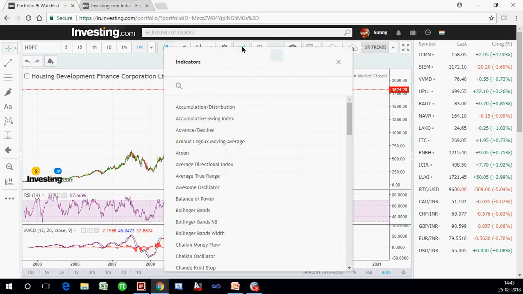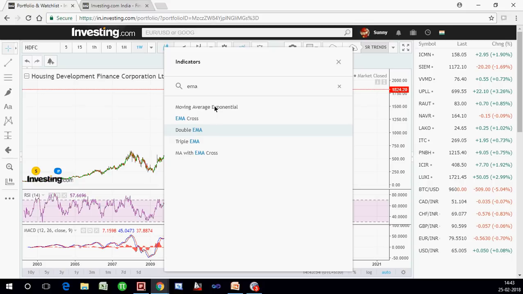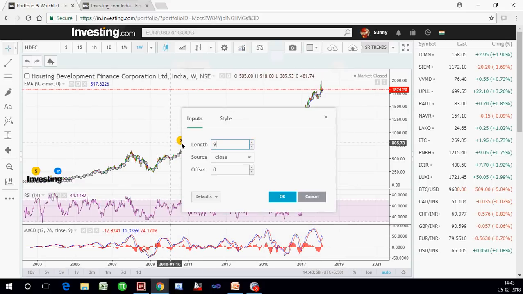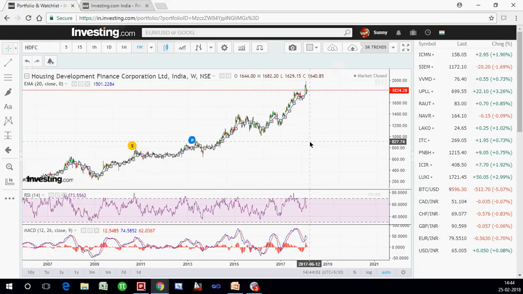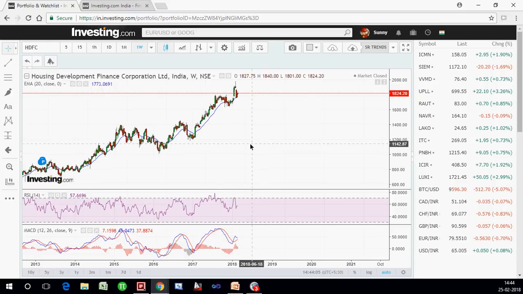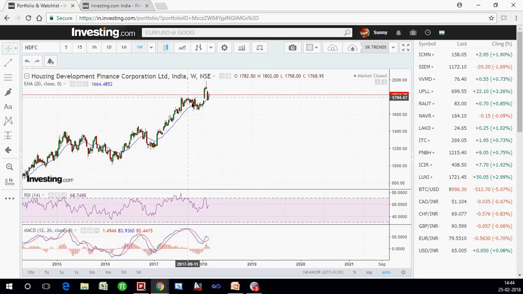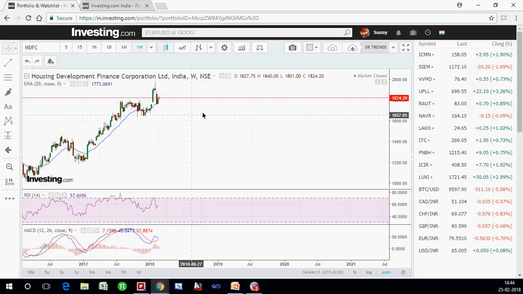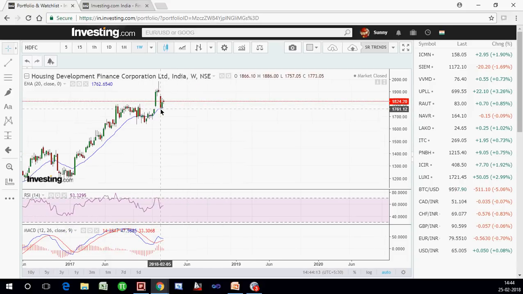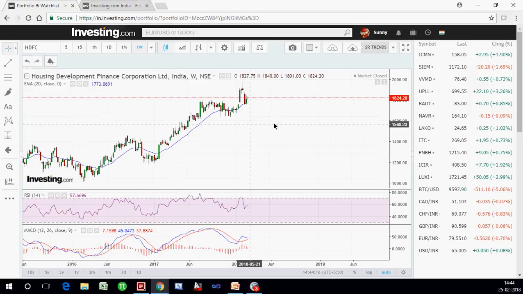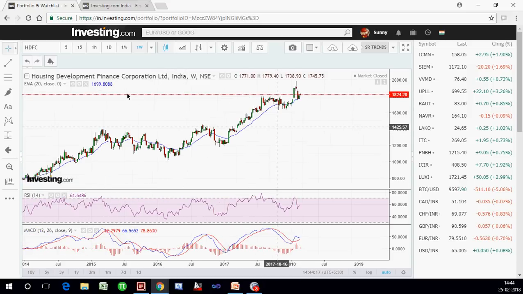What I'll do is put an exponential moving average. And guys, please note one thing: this 20 or 22 EMA is your mean EMA. Prices are always fluctuating across this, moving up, down, up, down. The prices took support from the EMA and jumped up. So as per me, this is positive. On the weekly, direction is positive.